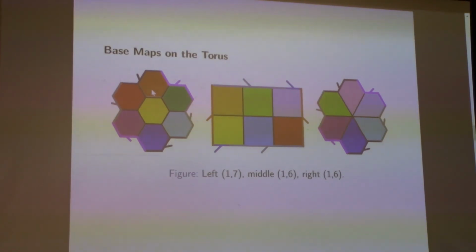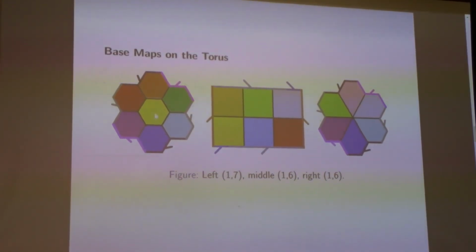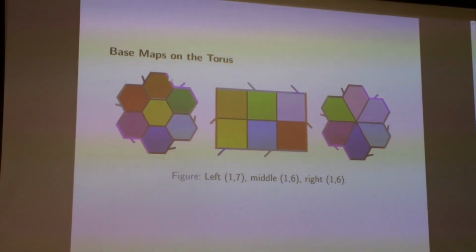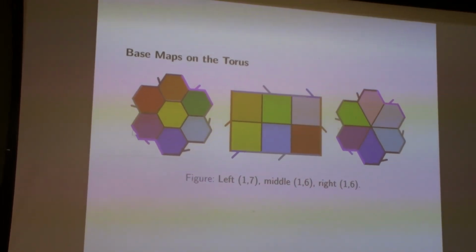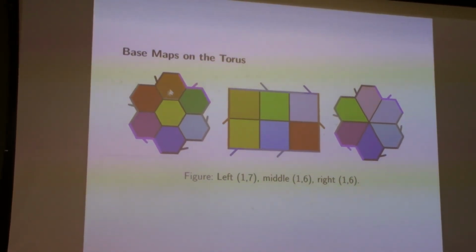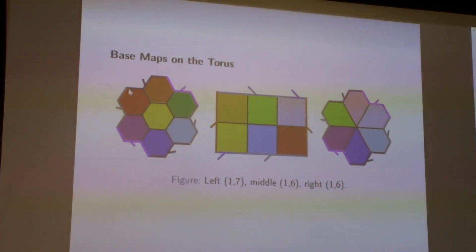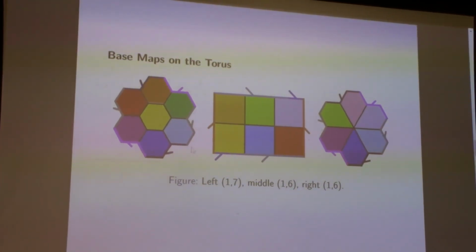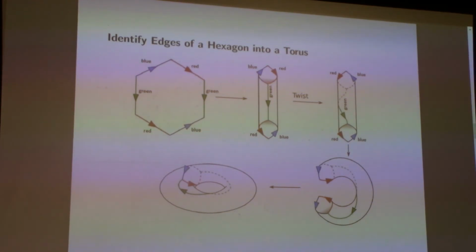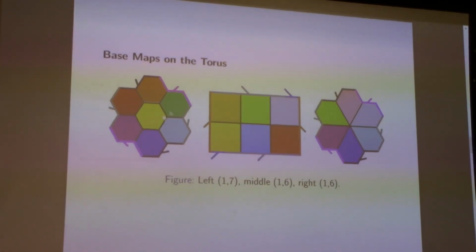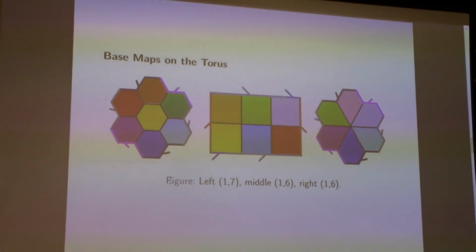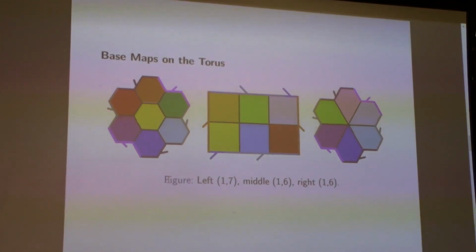So here you have a hexagon tiling, and then you identify these 3 edges with these 3 edges, and these 3 edges with these 3 edges, and these 3 edges with these 3 edges, and then according to this diagram, you'll get a torus. Right? So this is a planar way to represent this 7-color map.